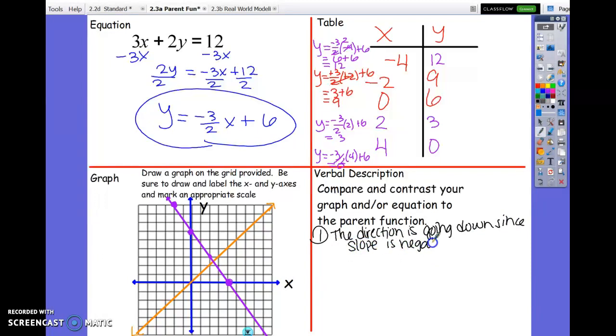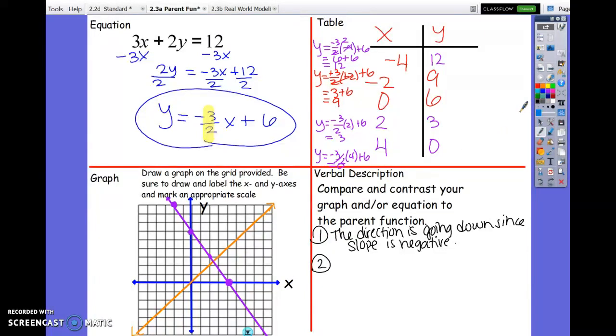We also need to look at those other two. So each time you want to look at all three of those transformations. Well, we want to see which one is more gradual, which one is steeper. Our slope for our equation is 3/2. Just a reminder that when we are talking about how gradual or steep, we are just looking at the number. We don't care if it's negative or positive.